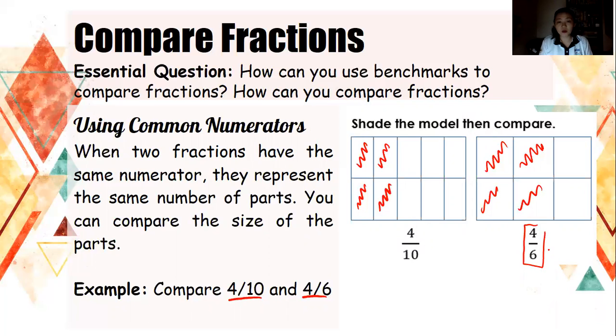That is why when you have common numerators, you have to choose the fraction with the smaller denominator to spot the bigger fraction. But take note, this is using common numerators. You can use that idea if you have common numerators as your given fractions.